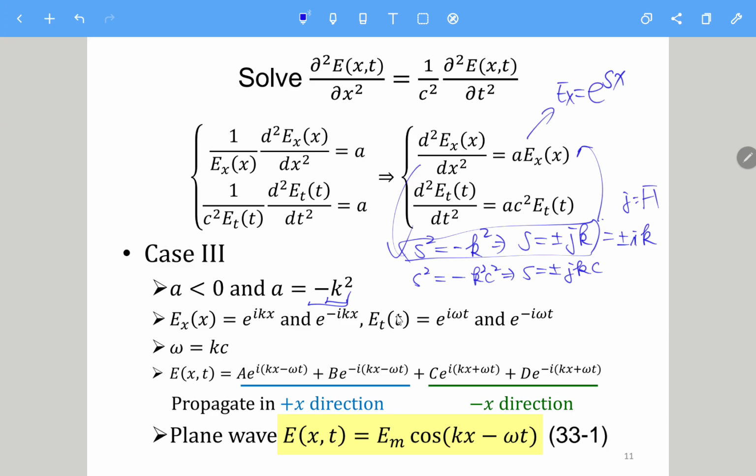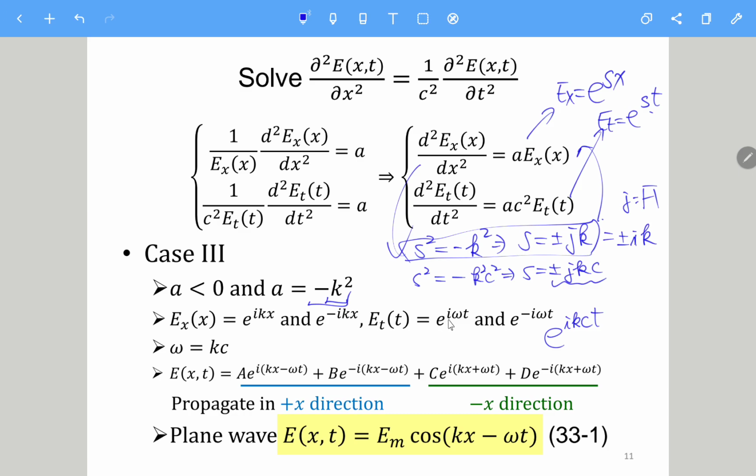And then for E of t, the solution will be exponential to st, and here s is this one, which means that originally it should be exponential to ikct, or plus or minus.